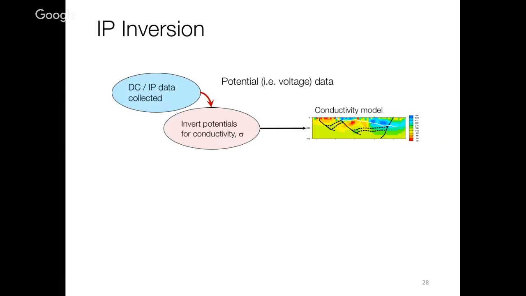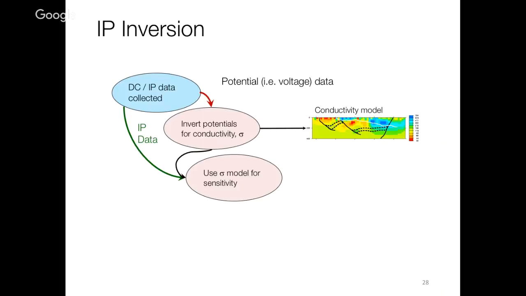Now we're interested in looking at these secondary fields that are coming from those charges that are built up. And we need to have some way of relating things. And we're going to use the electrical conductivity that we got from here and build a mapping between our IP data and whatever we're measuring, the pseudo chargeability.